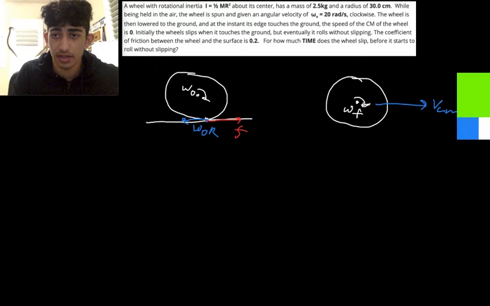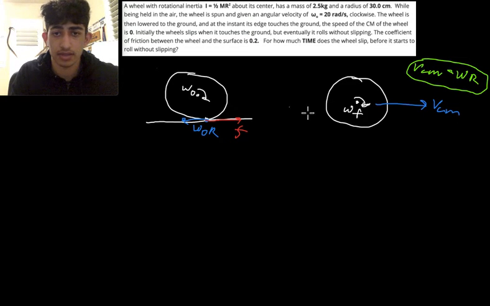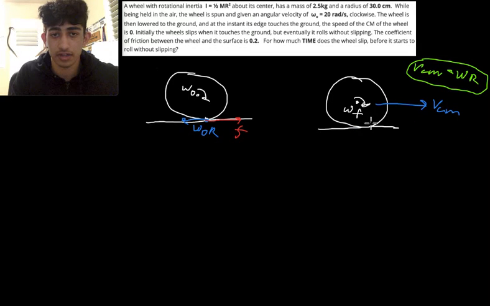And we say that a wheel is rolling without slipping, or an object is rolling without slipping, when the velocity of the center of mass is equal to omega r. Now this equation is all fine and dandy, but why is that the case? Well, if we look at this point of contact again, let's look at the velocity of this point of contact.